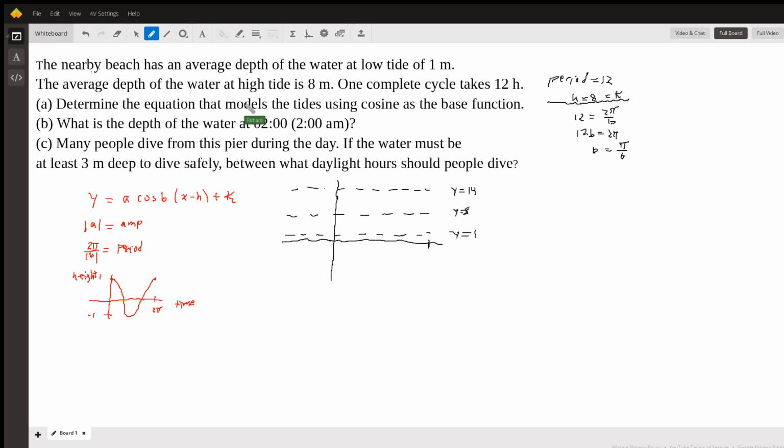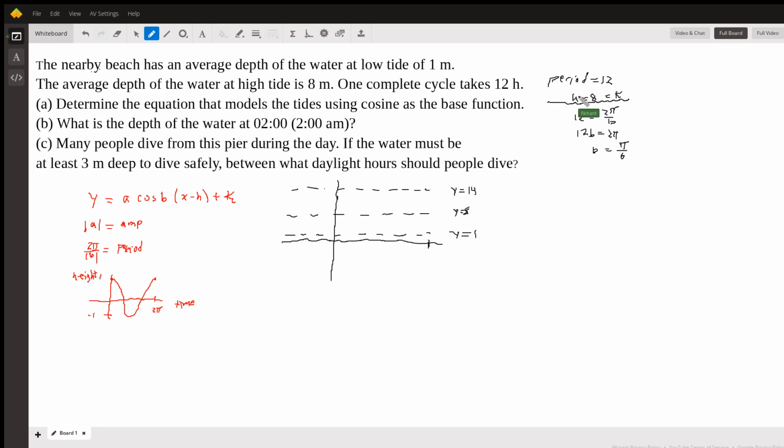Let's see. Determine the model. I'm just wondering if there's a horizontal shift. I don't think so. There's a vertical shift, but a horizontal shift would be h. I have a feeling that h is 0.